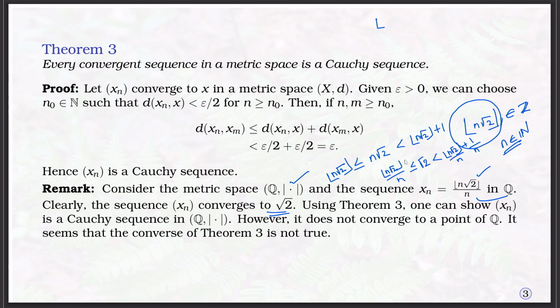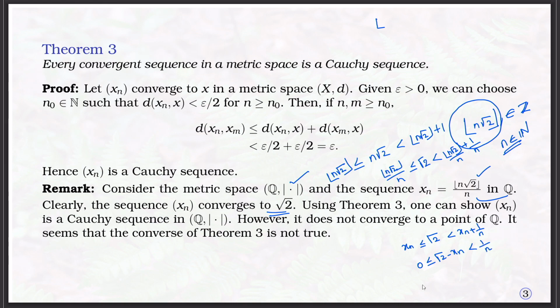This sequence is the given sequence, so xn is less than or equal to root 2, less than xn plus 1 by n. If we subtract xn from all the terms, then we get 0 less than or equal to root 2 minus xn, which is less than 1 by n.